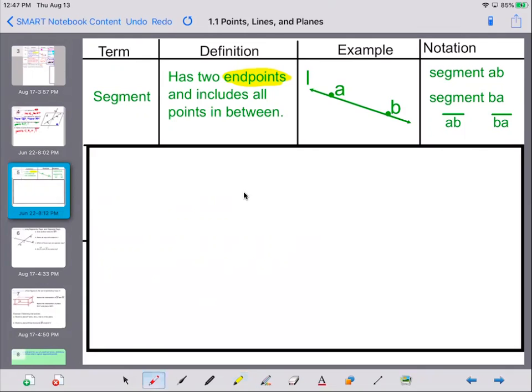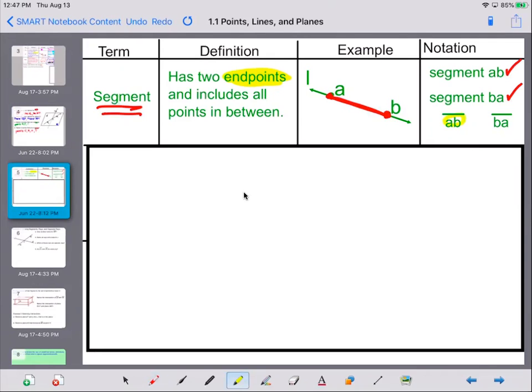So let's look over here in our example. We have a point A, we have a point B. So the actual segment would just be the portion in between here. Okay, so we would call that little portion there a segment, and we would name it either segment AB or segment BA. Also, like I mentioned, mathematicians are lazy, so they come up with these little symbols.